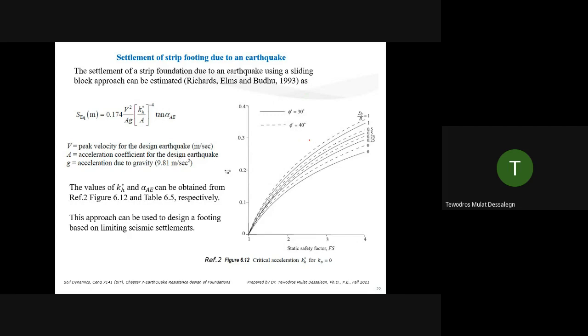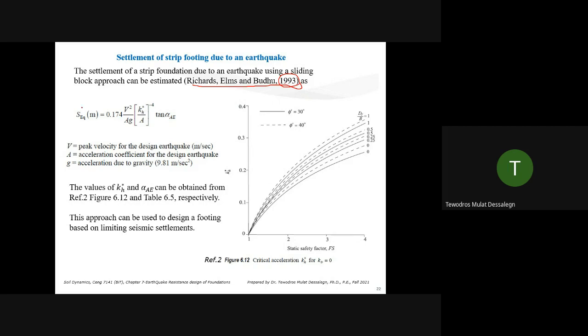If you use constitutive models, you have full nonlinear analysis, but equivalent linear properties like degradation curves give you a faster solution, but it's also like a pseudo-static approach. So settlement also in the past, Richards and Elms developed in 1993.